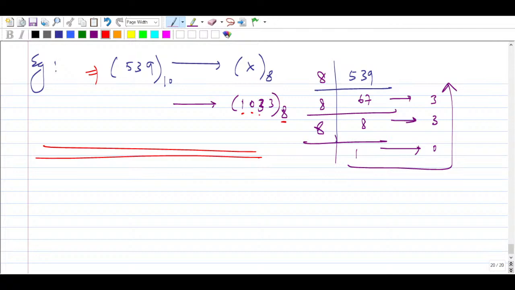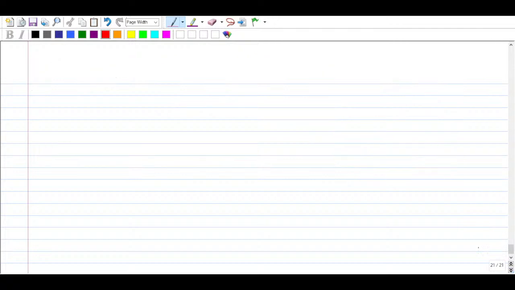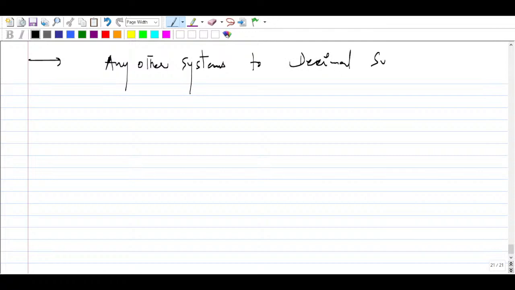I have also told you that you can go from any other system to the decimal system. What is the technique? You have to multiply the digits with the corresponding weight. I have told you that you have to use the positional weight system over there.